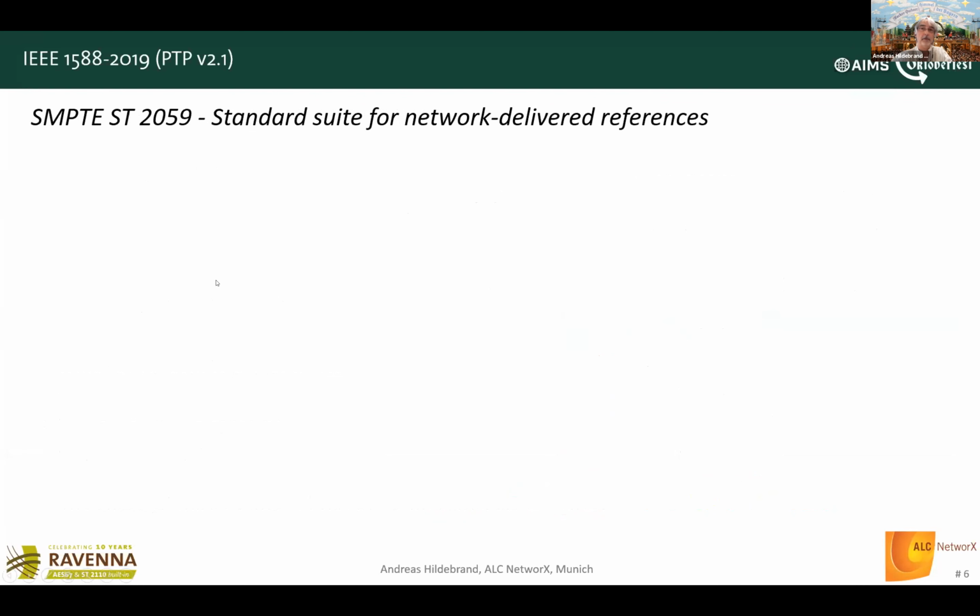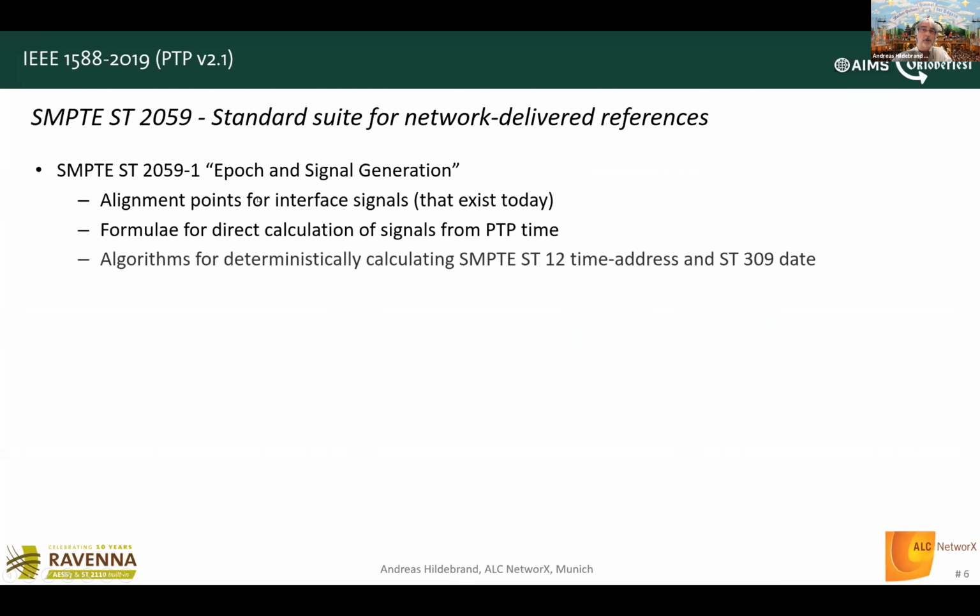And we have another standard which is very important, which is the SMPTE ST 2059 standard suite of network delivered references. It's a -1 document which talks about the epoch and the signal generation, so about all the alignment points, the calculations and algorithms which are required.